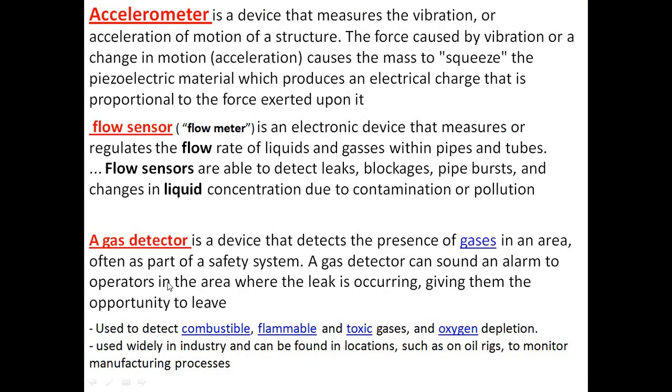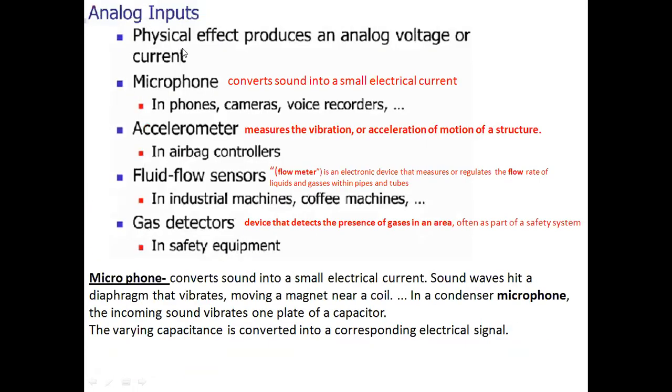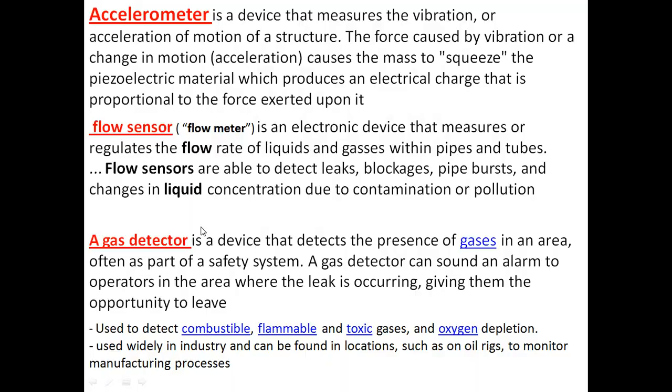Okay, and it is basically used to detect combustible, flammable and toxic gases as well as oxygen depletion. It is widely used in industries and can be found in locations such as oil rigs to monitor the manufacturing processes. Okay, so in short or in brief, you can explain the analog inputs, namely the microphone, accelerometer, fluid flow sensors or flow meters, and the gas detectors.